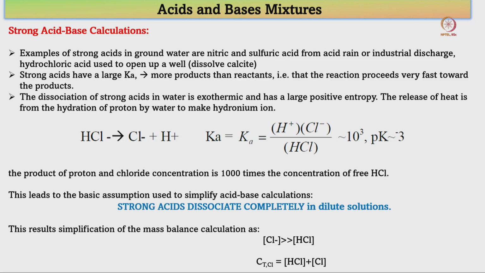Now, let us see some strong acid and strong base calculations, where a strong acid is reacting with a strong base. The most commonly found acids in aquatic systems are nitric acid and sulfuric acid, and they can come from acid rain.